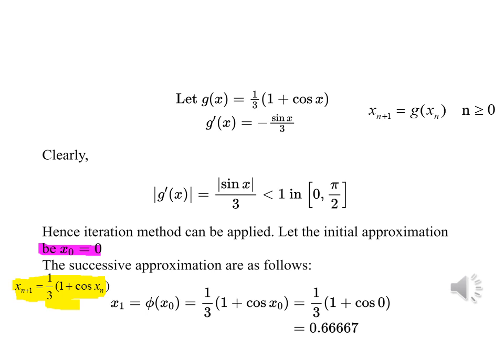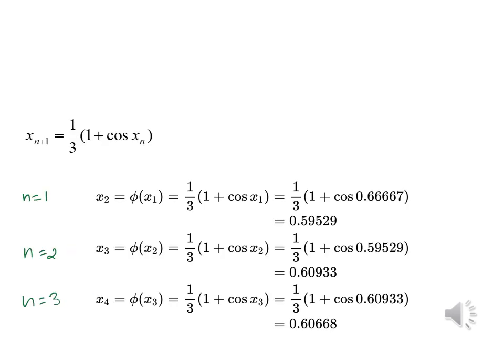When we substitute n equal to 0, we get x1 equal to 1 by 3 into 1 plus cos x0. Substituting x0 equal to 0, we get 1 by 3 into 1 plus cos 0, equal to 0.667. Now we substitute different values for n to get x1, x2, etc. For n equal to 1, we get x2 equal to 1 by 3 into 1 plus cos x1, using x1 from the previous step.